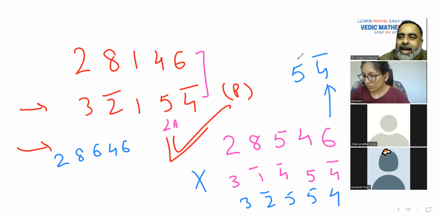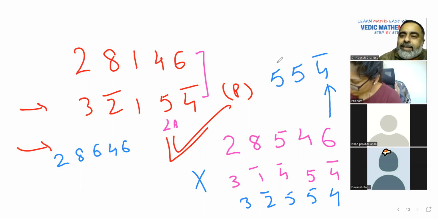Go back to rule number 1. Yes or no, Poonam? Yes, sir. My mistake. So that means now the number is not greater than 5. It is 5 only. So keep it as it is. Then you'll apply rule number 1 at 8 and then 3.